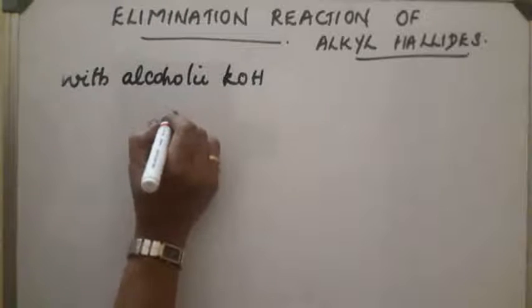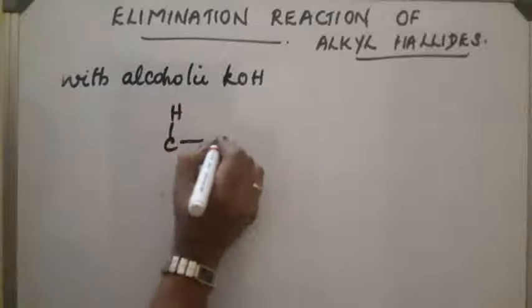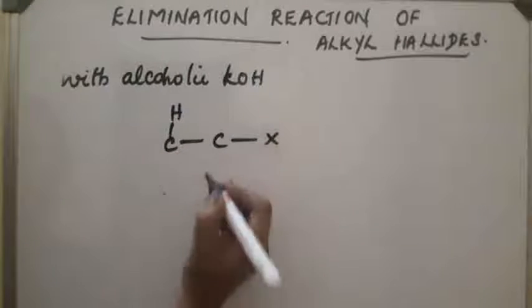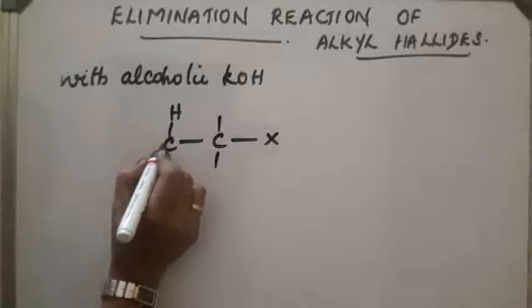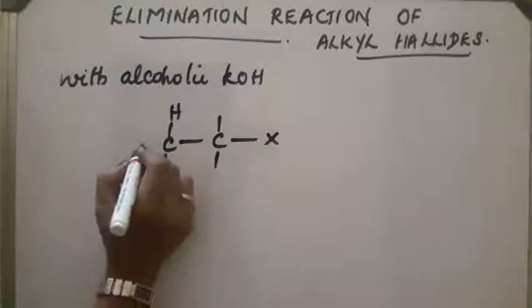Let us take the compound where the alpha carbon atom contains a halogen atom, and the beta carbon atom contains a hydrogen atom.